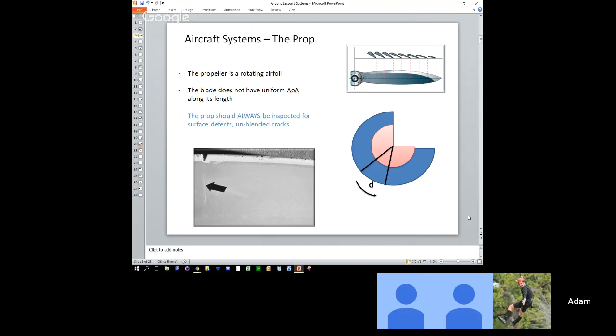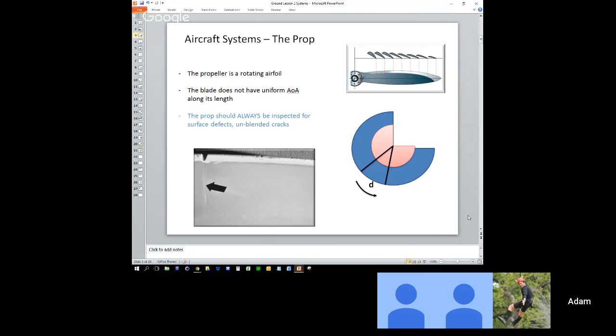So the prop has a different angle of attack as you get to the hub of the propeller. The propeller literally works just like a helicopter rotor, and it works just like the wings of the aircraft do. As it spins, it generates lift, and that lift pushes or pulls the aircraft in the perpendicular direction the prop's pointing.